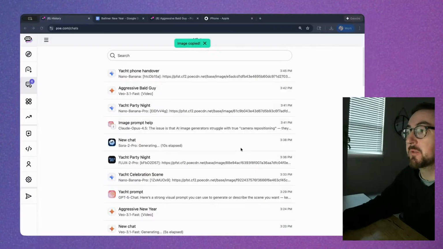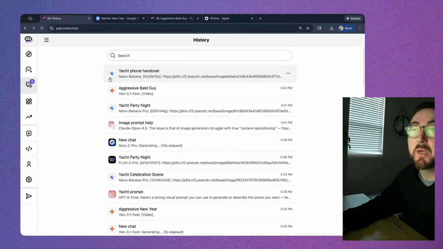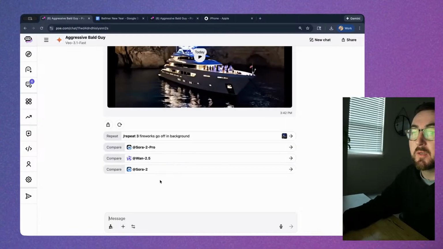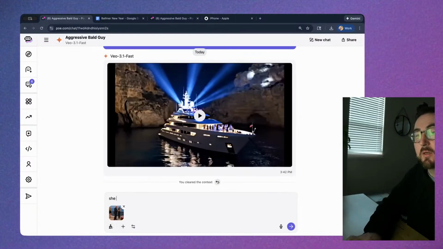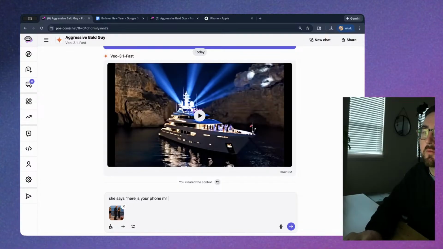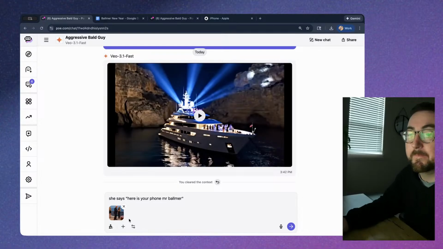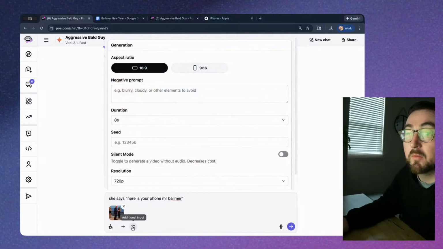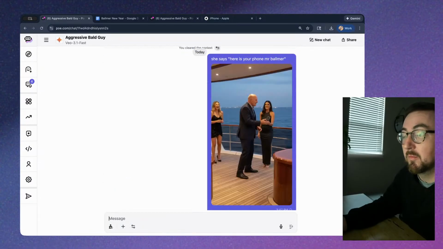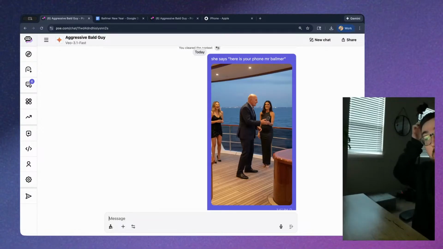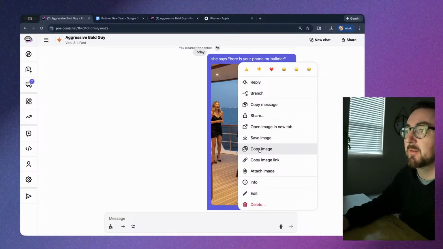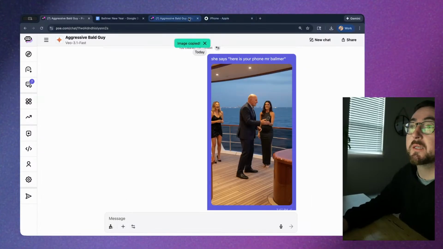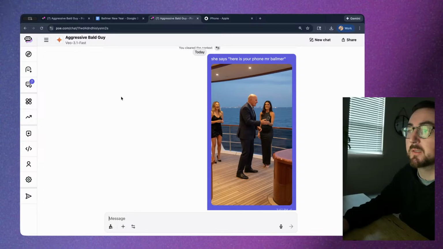Okay, let's jump to this and go back to here, clear the context, take this. Damn, I need to make this darker. No, I'll make this more at night. Where is this? Did I stop it?